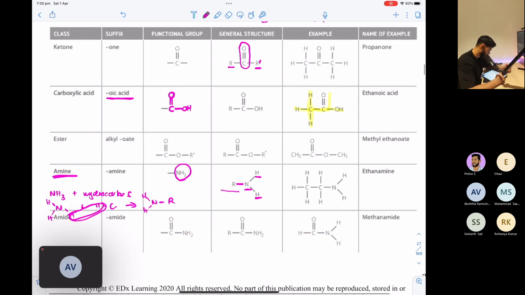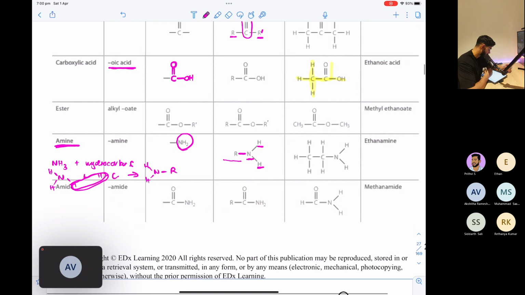Okay, good. Now, amides, they're formed when you have a carbonyl group and an amine group. We'll go through how they're formed, etc. I don't expect you to memorize all of this just when I'm talking to you.